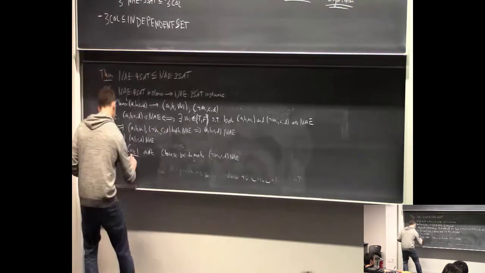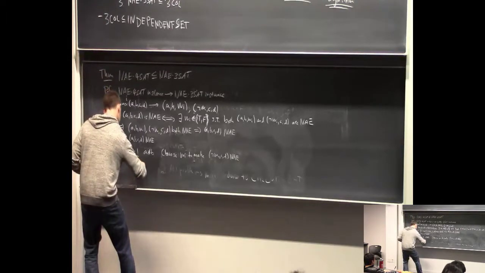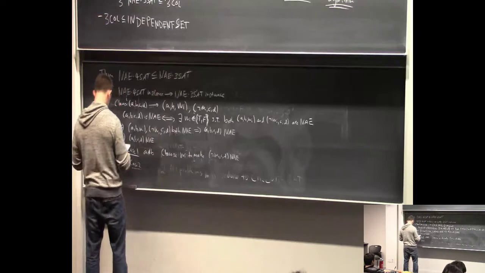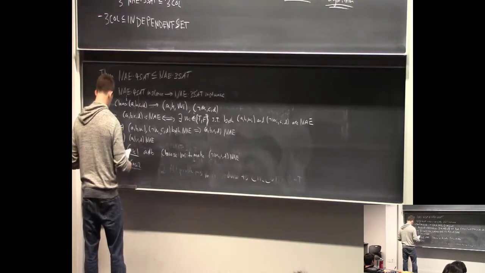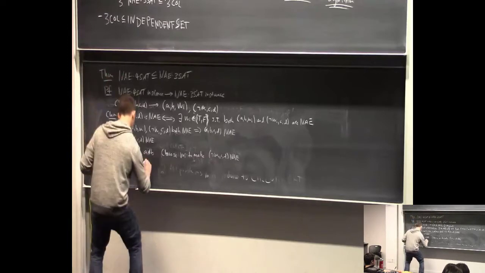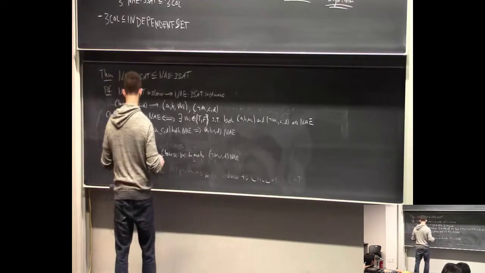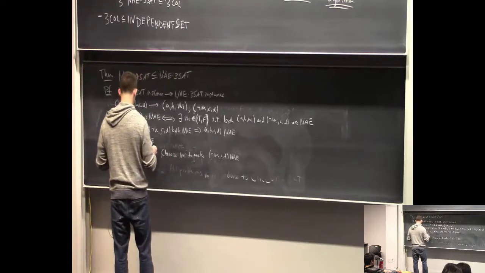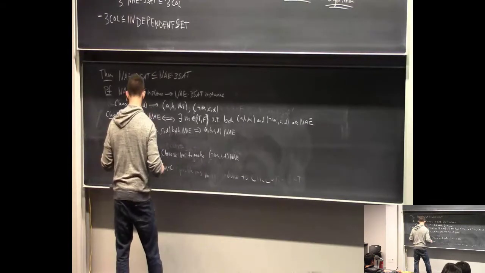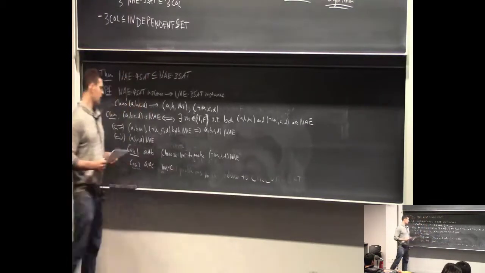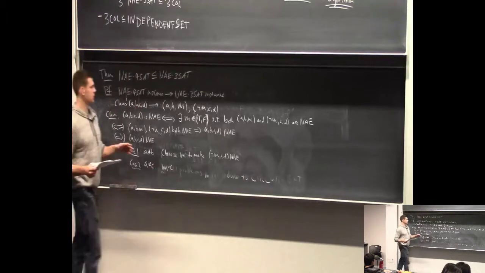Case two is A not equal to C, and here I'm going to want to set WI equals C. And when I do this, what's going to happen?